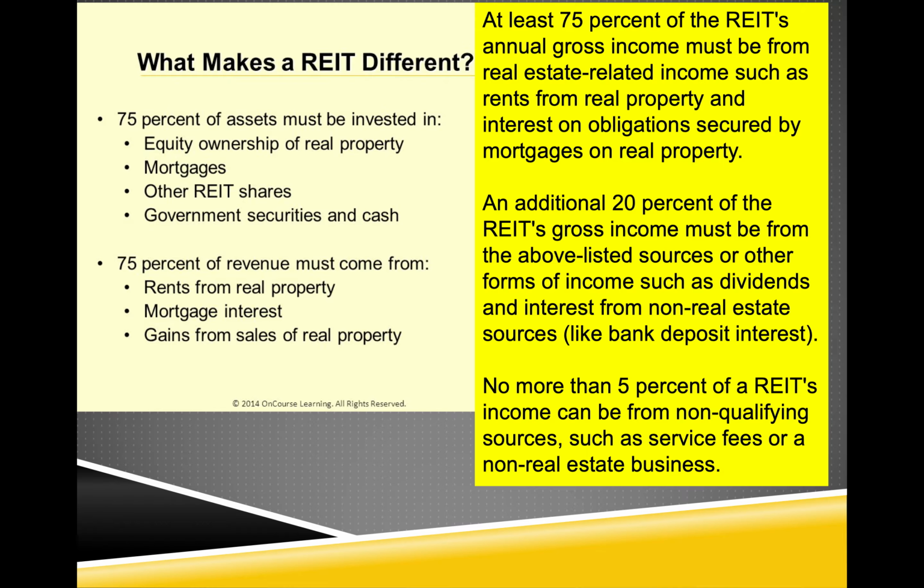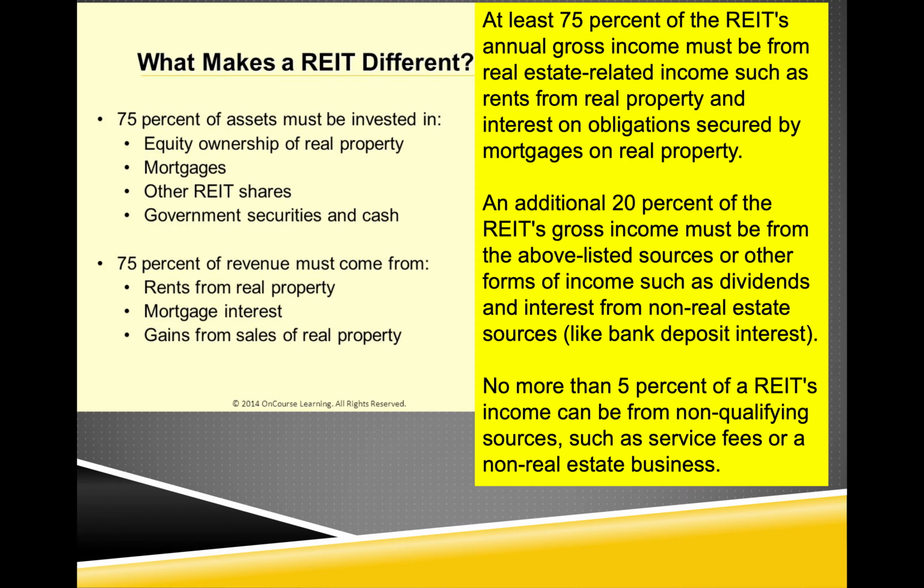What makes a REIT different? Well, from a tax standpoint, and this is important, 75% of the assets must be invested in real estate properties or mortgages or other REIT shares. Also included in that is government securities and cash.